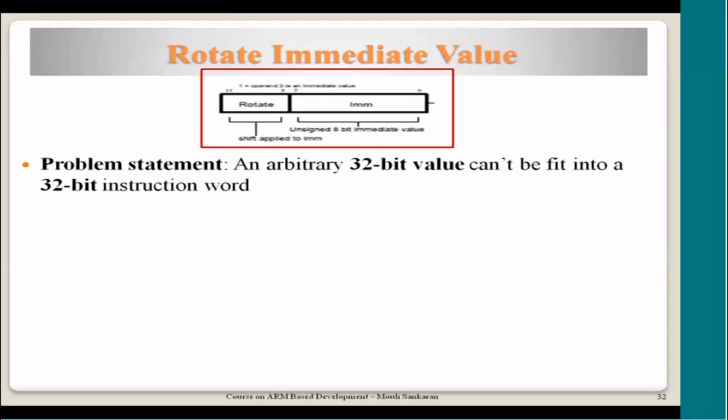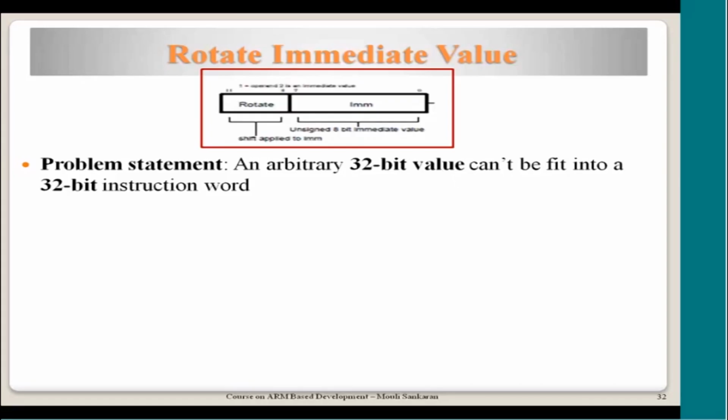Okay, you can't have an 8 byte instruction, you can have only a 4 byte instruction. That means instruction length cannot be more than 4 bytes, because it's a RISC architecture and we didn't want to complicate the ARM processor. Decode logic should not be complicated, because varying length of instruction is similar to a CISC instruction, right? So if you want to pass a huge constant into an instruction, that can't be done, because you can't fit a 32 bit constant into a 32 bit instruction.